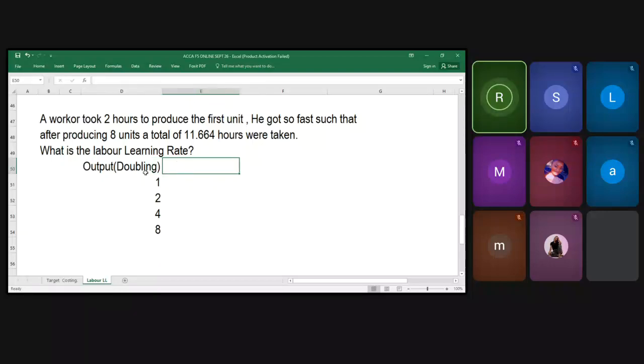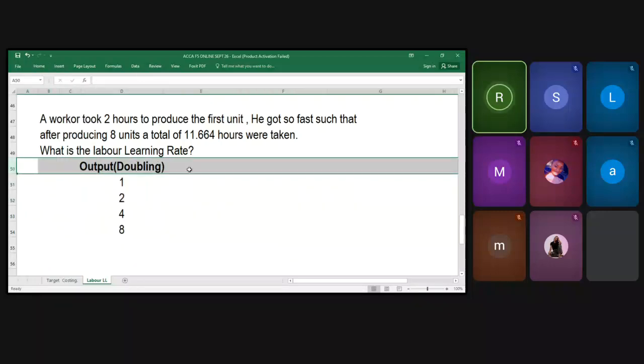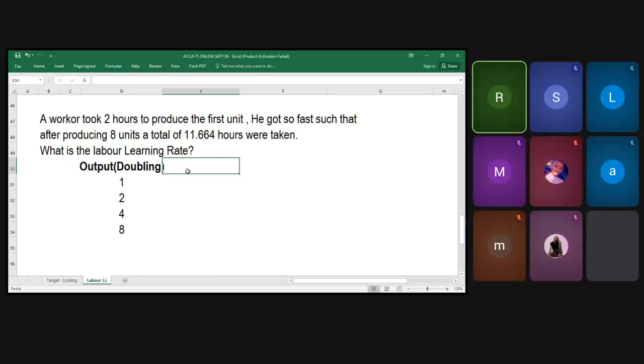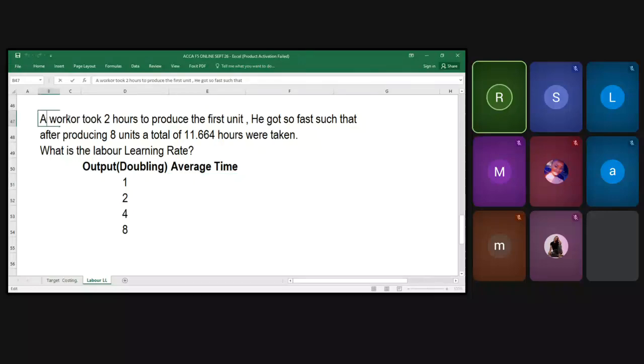This is a hint for you to know that in order for us to calculate the labor learning rate, we just need output doubling and average time. So for the first unit, we took 2 hours. Total is 2, average is 2 because for the first unit, 1 times 2, then 2 divided by 1, it remains 2.